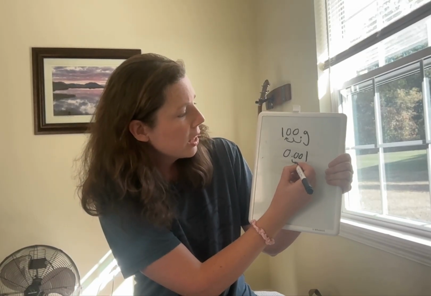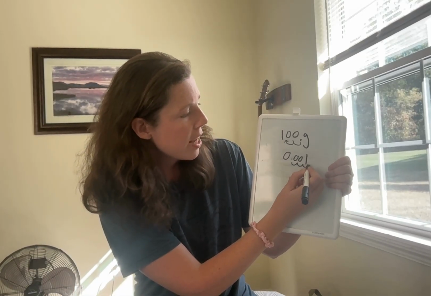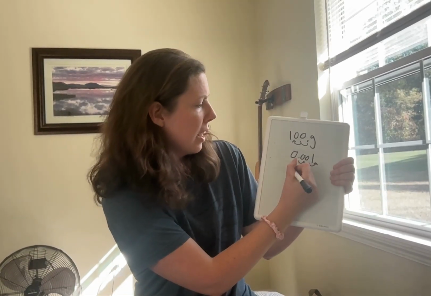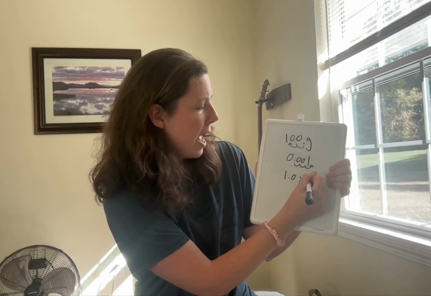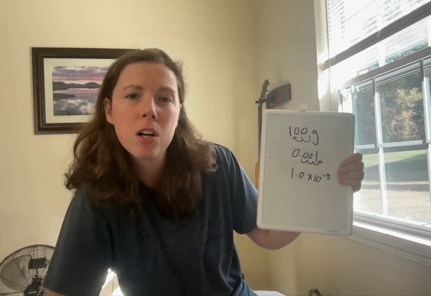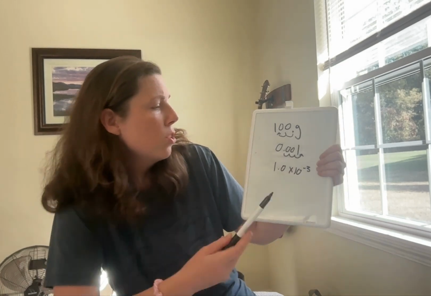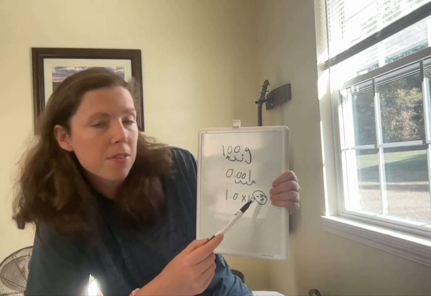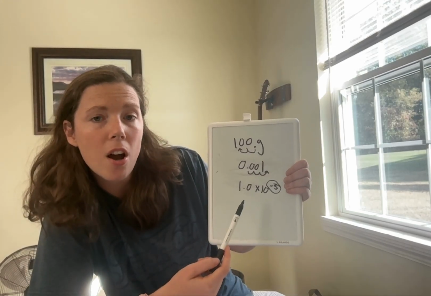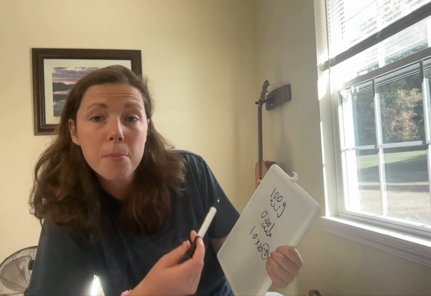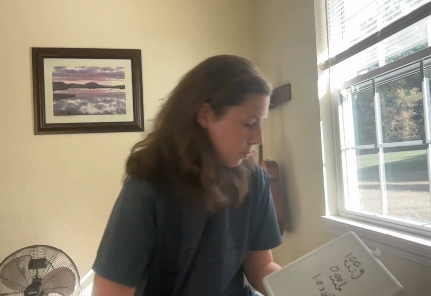I could move the decimal point instead this way to the right and write this as 1.0 times 10 to the negative 3. So when you're looking at exponents, you can very quickly know if there's a negative exponent, you're talking about a tiny number. And if there's a positive exponent, you're talking about a number bigger than 1.